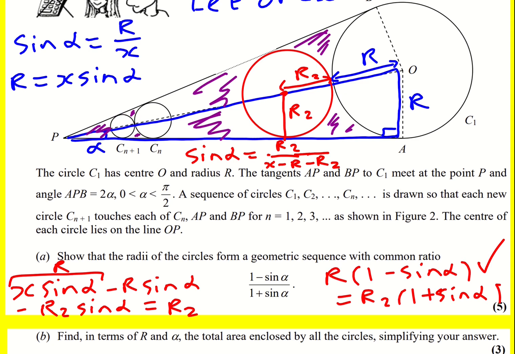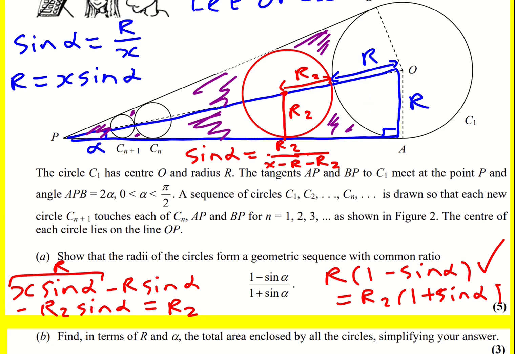And to do that, I think we're going to need to first of all find the area of the kite. So we've got the area of a triangle, and then we can just double it. It's going to be length PA times R, and then halving that, but then we're going to double it to get the area of the kite.